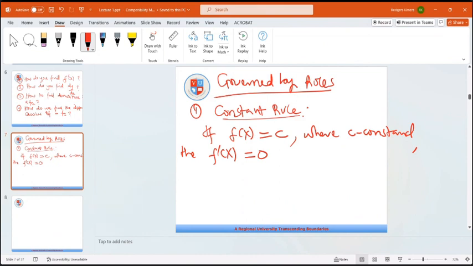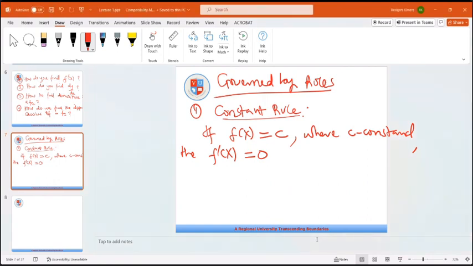We need to note that all functions which appear to be a constant, their derivative is 0.